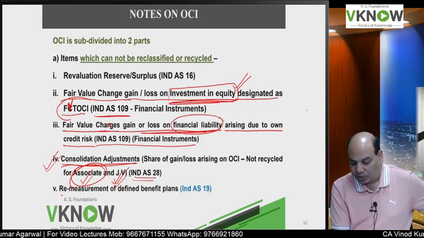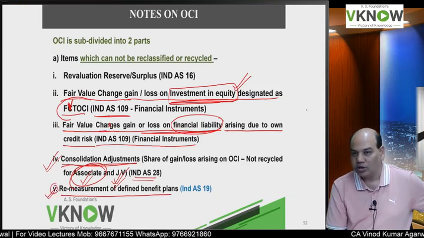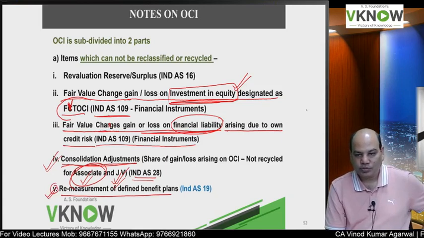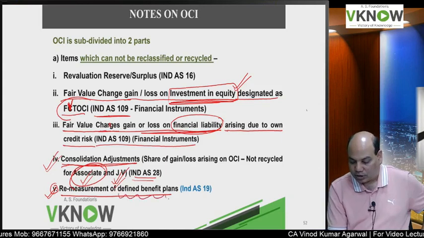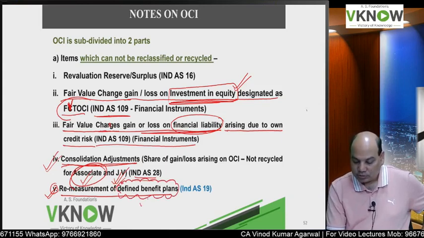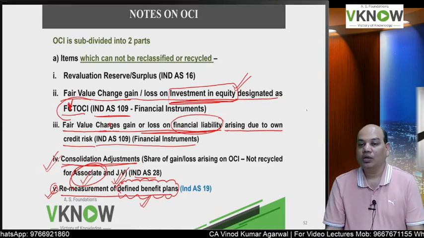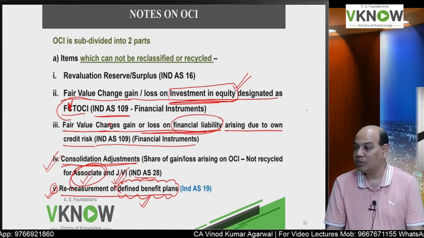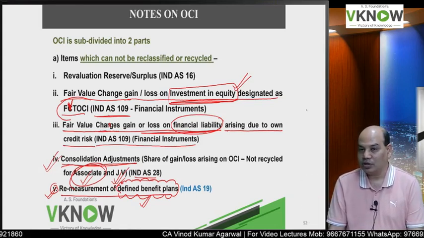And fifth important item, tick mark, on which we have a question also in this chapter coming soon, is remeasurement of defined benefit plan. Defined benefit plan means something like gratuity, pension. Companies have to make provision for gratuity. They have to estimate it. But what happens? As it is an estimation, the value keeps on changing.